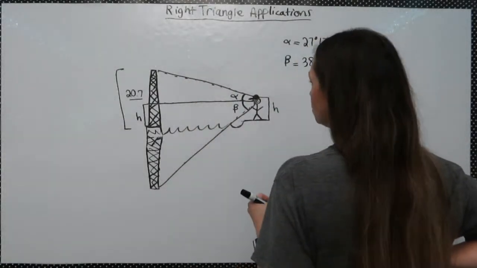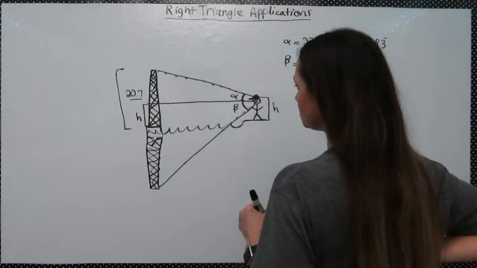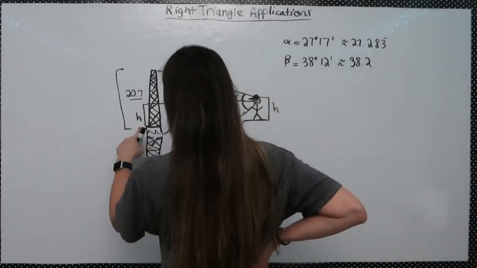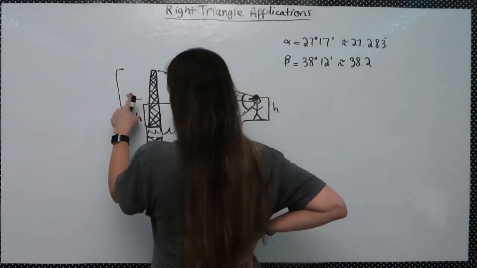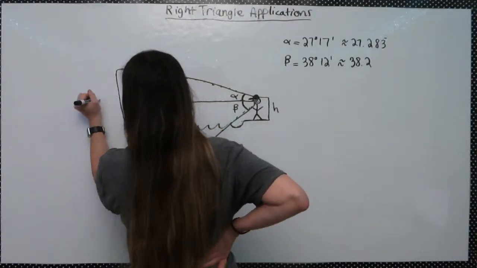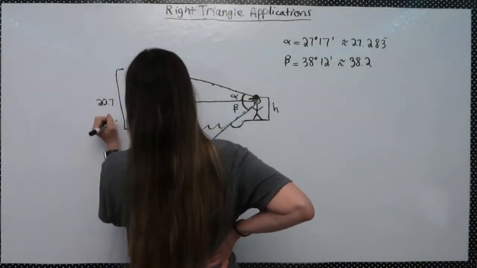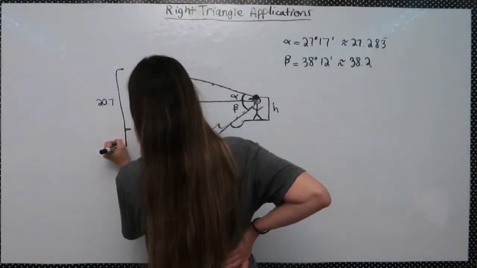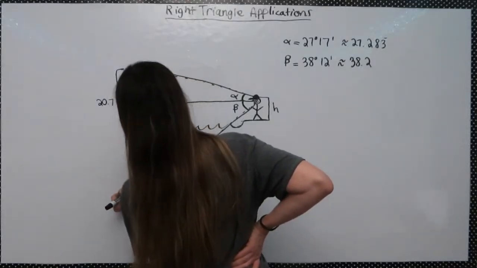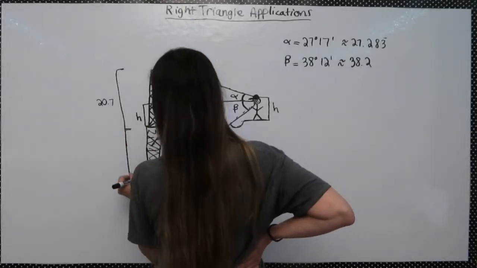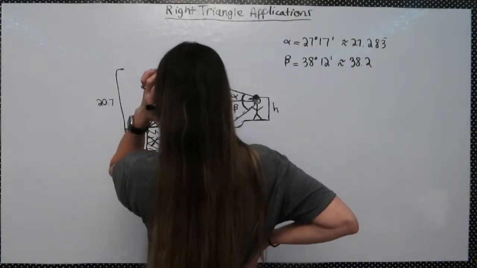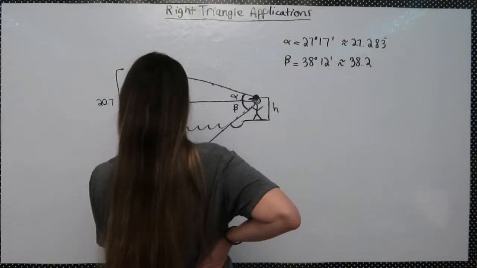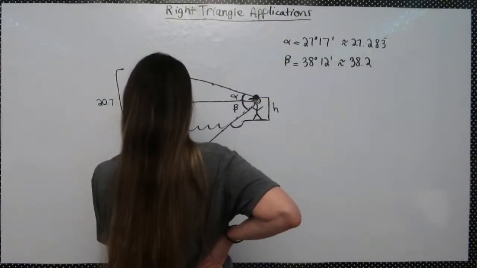What we're going to do is use a little bit of trigonometry now. So we're looking at this thing right here. This is 20.7, and this is also 20.7.